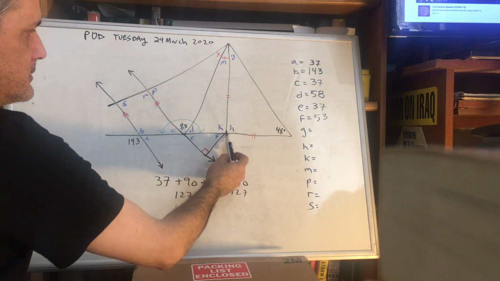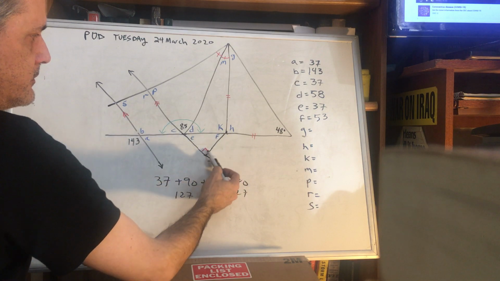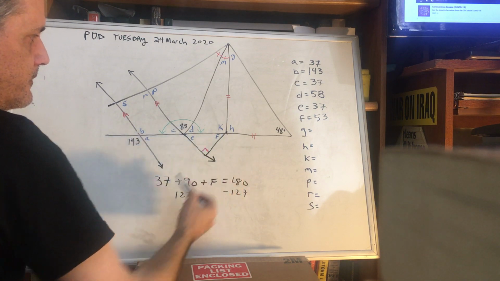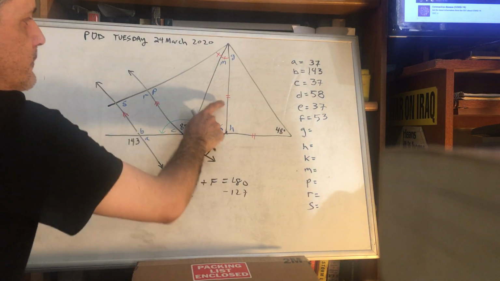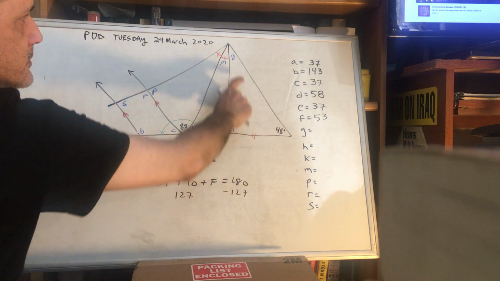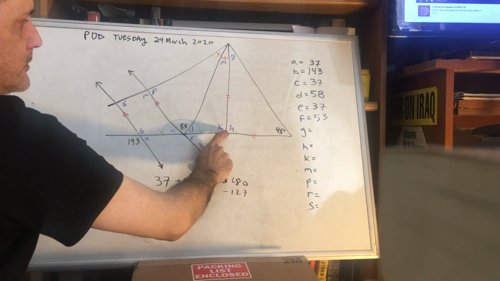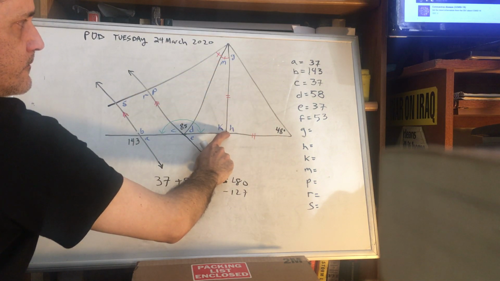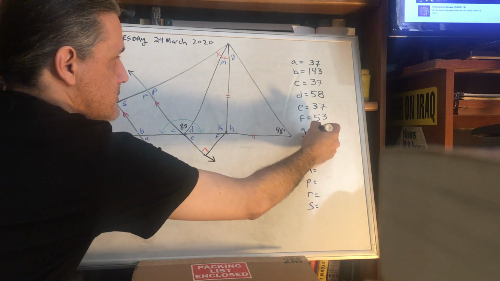This top line does not connect to the F at all, and this bottom line on the F does not connect to the H at all. So F and H are not congruent, they're not vertical angles. This is an isosceles triangle, which means the base angles are congruent. So the angle in the middle is the only one that's different. So G is congruent to 48.